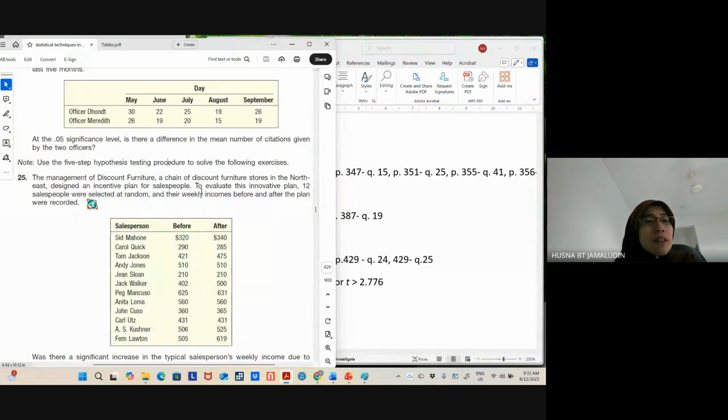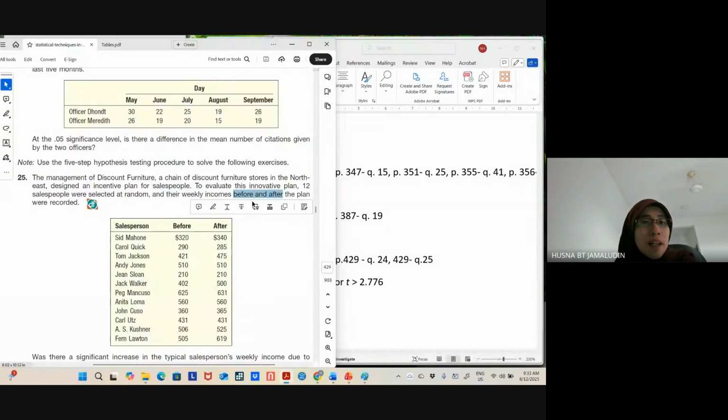So the management of a discount furniture store designs an incentive plan. You want to give an incentive to motivate people. To evaluate this incentive plan, 12 salespeople were selected at random, and their weekly income before and after the plan was recorded.